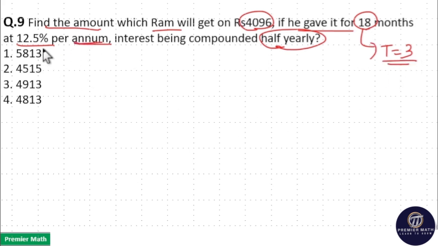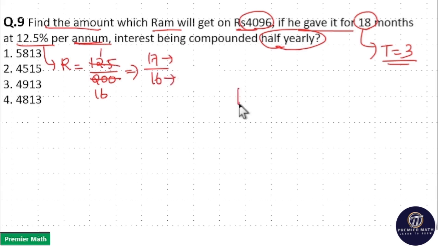For 1 year the rate is 12.5%, so for half year the rate is 12.5% divided by 2, that is 12.5 by 200. 12.5 goes 8 times in 100, so 16 times in 200. So 1 by 16 means 1 part interest is generated out of the 16 part principal. Then the amount will become 16 plus 1, 17, and principal is 16 part. So take the principal and amount ratio: principal is 16 part, amount is 17 part.